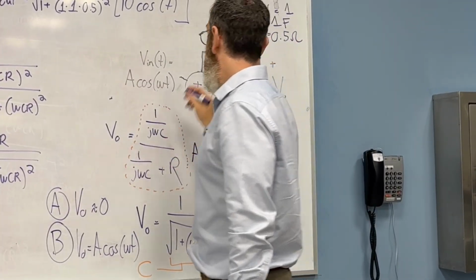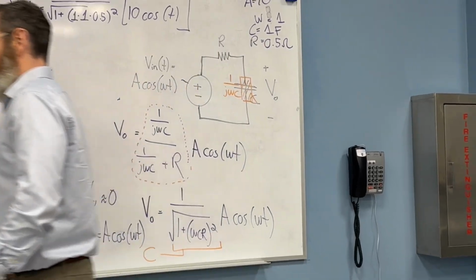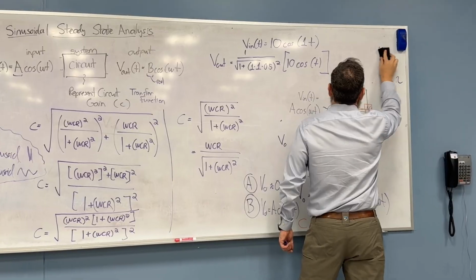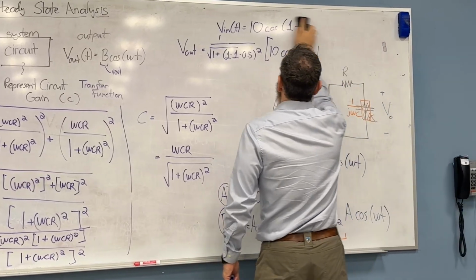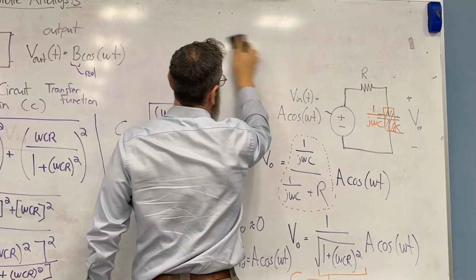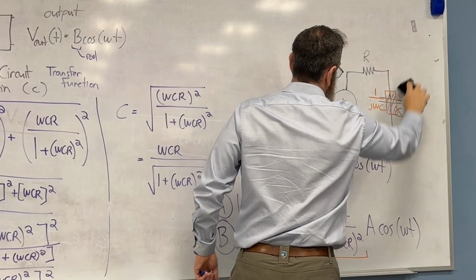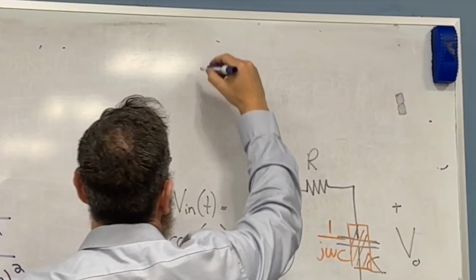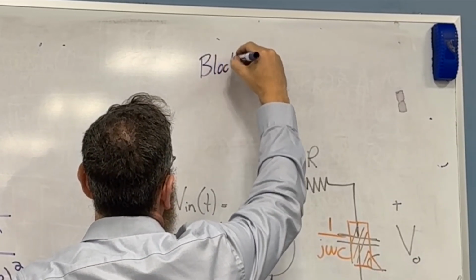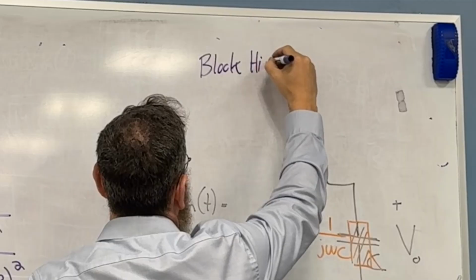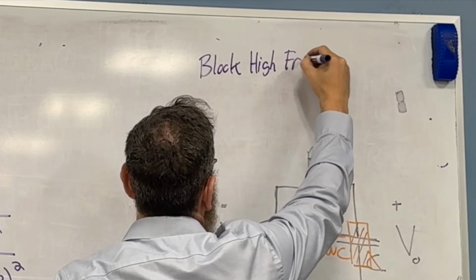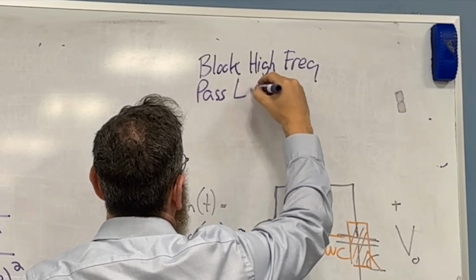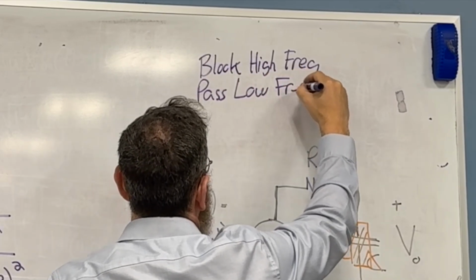So we're talking now about this circuit here. There's a name for a circuit that, to be clear, blocks high frequency and passes low frequency.